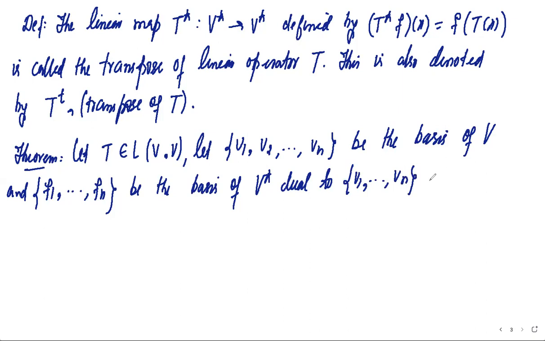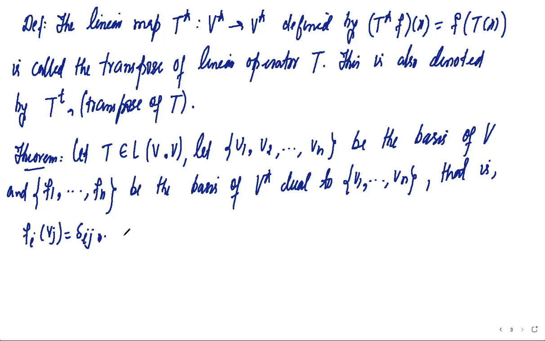That is, fi of vj is equal to delta ij. So here v1, v2, ..., vn is a basis of V, and its corresponding dual basis for V star is f1, f2, ..., fn, and we know that fi of vj is defined to be equal to delta ij, where this delta ij is already defined in the previous lectures to be the Kronecker delta function.